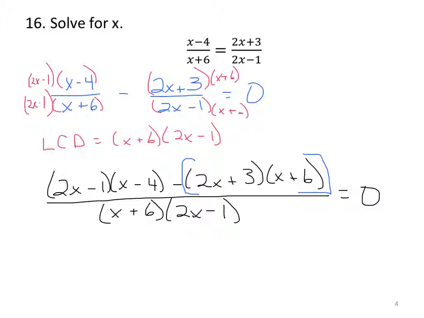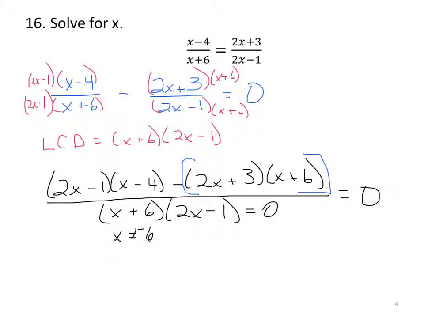So in order to do that, we take our denominator here, or our least common denominator, and we use the zero factor property. We don't want our denominator to equal 0, so that means x plus 6 can't equal 0, so x can't equal negative 6.